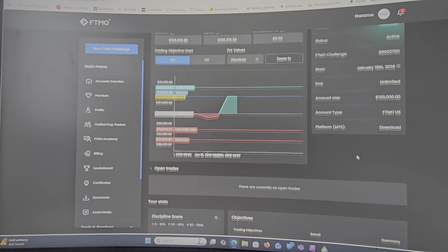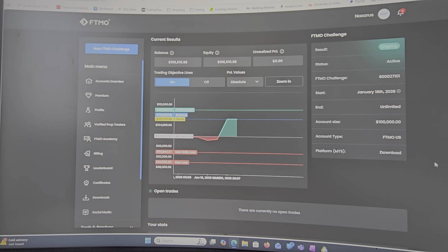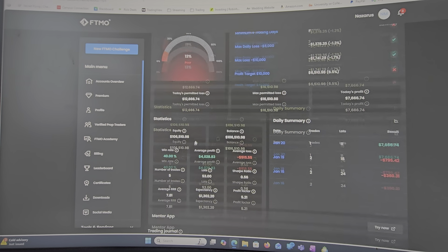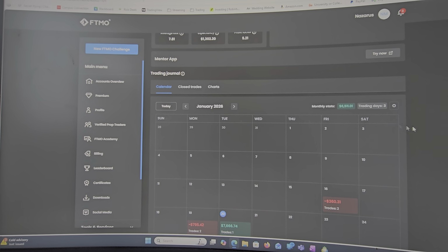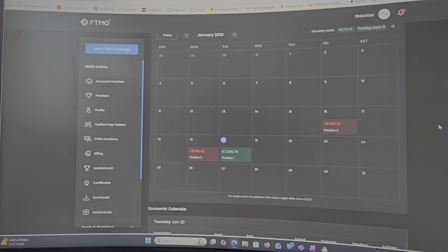So altogether, I think we're on a good footing for this FTMO challenge account. I do not want to overtrade as it is already. How many trades have I taken? 2, 4, 5 trades.